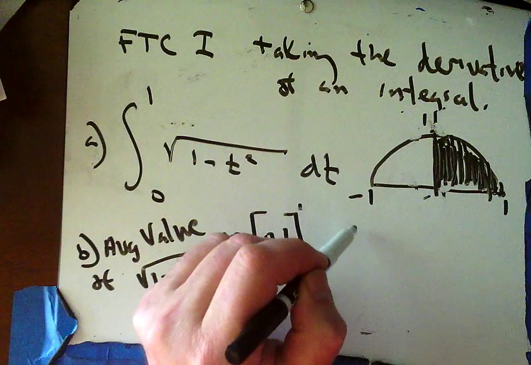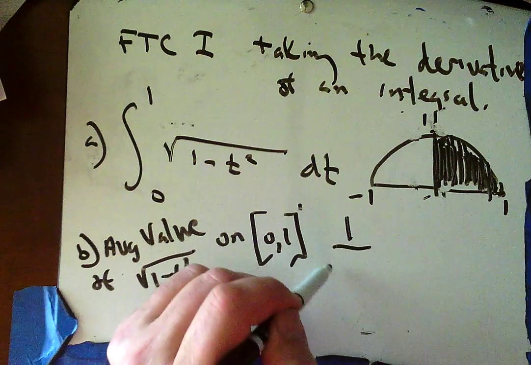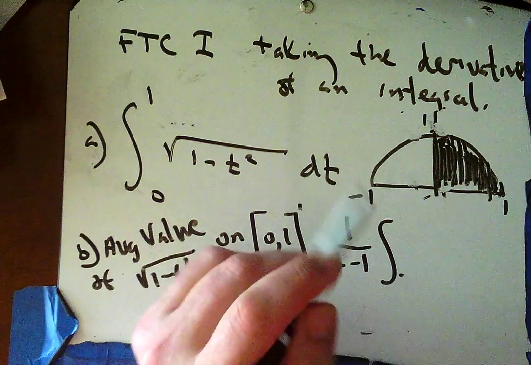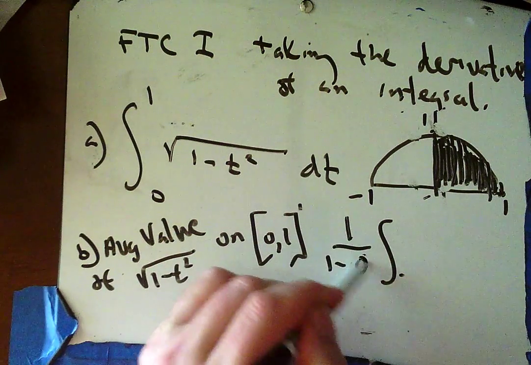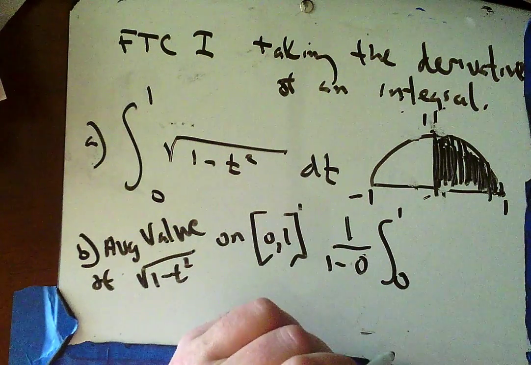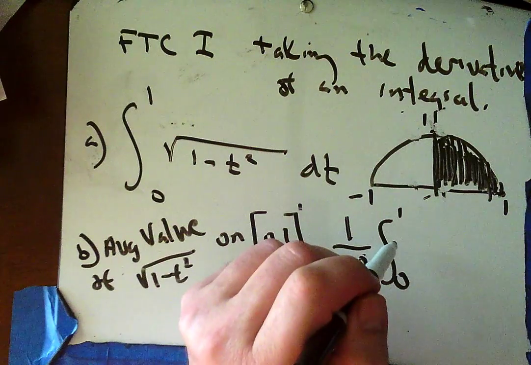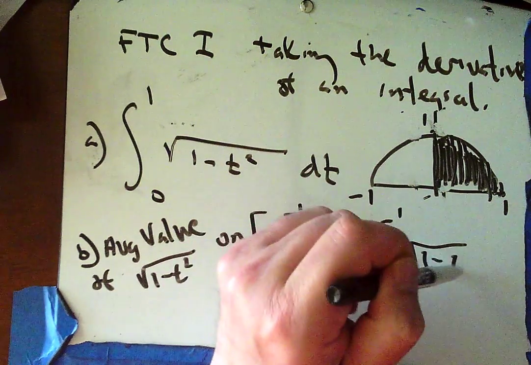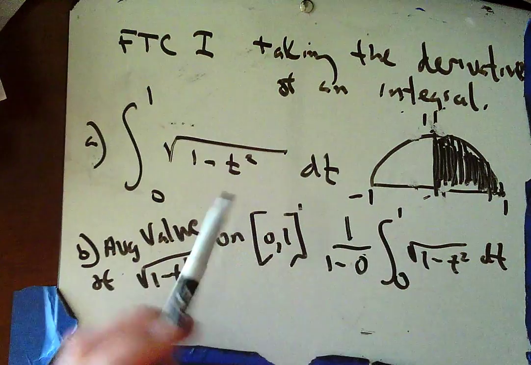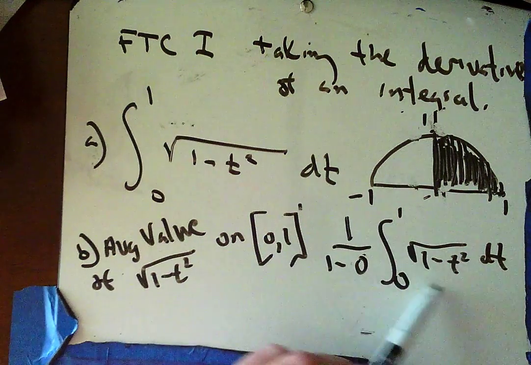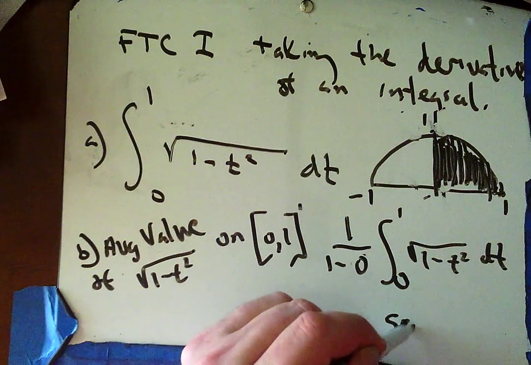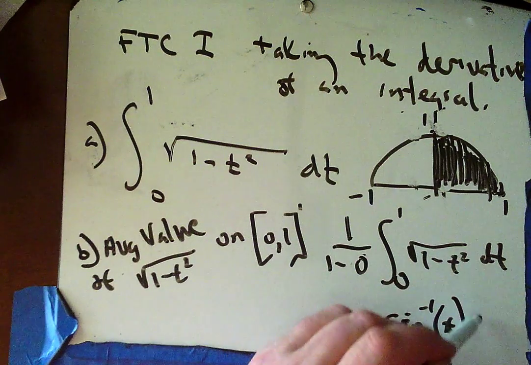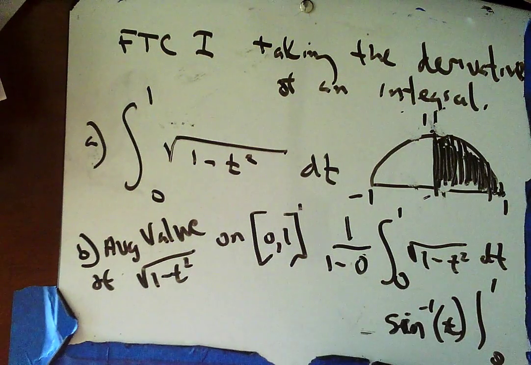Well, let's use our average value formula. 1 over b minus a times the integral. We're only going from 0 to 1. And notice when I have this integral of the square root of 1 minus t squared dt, we've already done this, right? We already know that that's sine inverse of t, and we want to evaluate from 0 to 1.